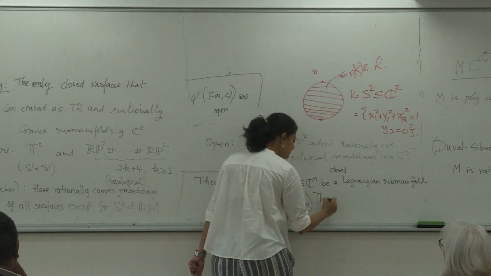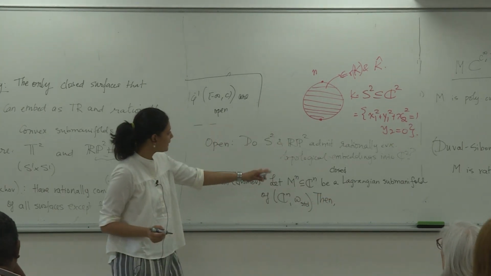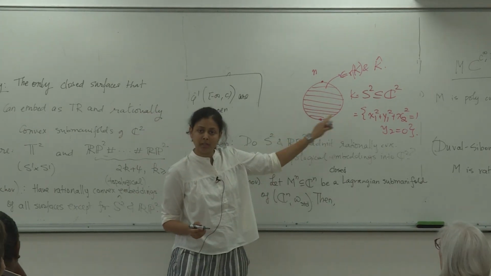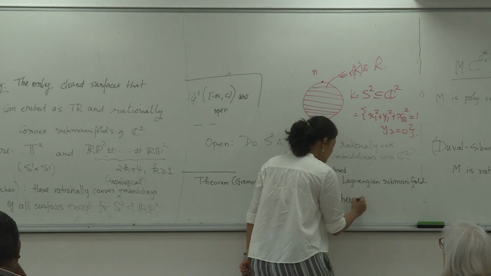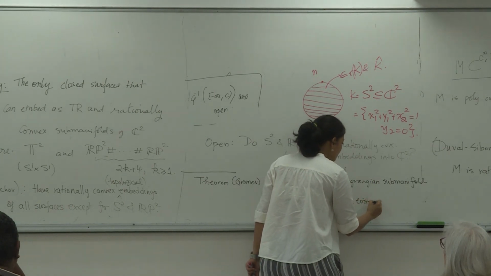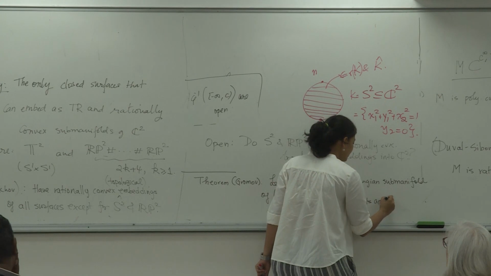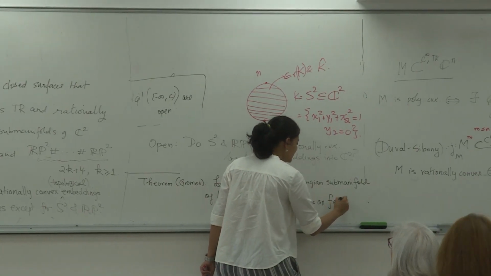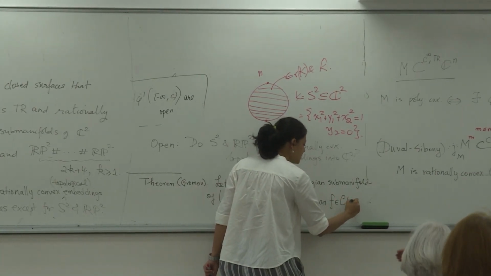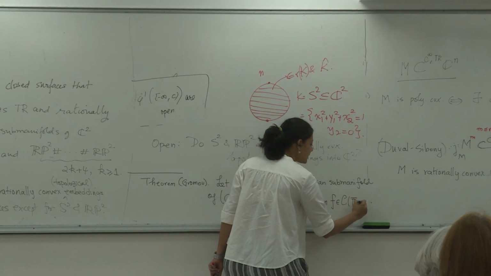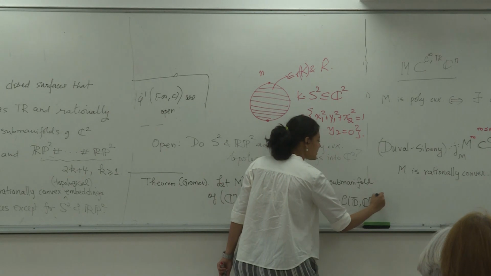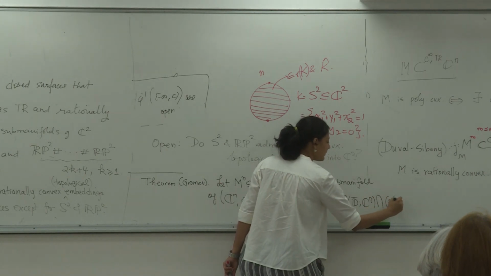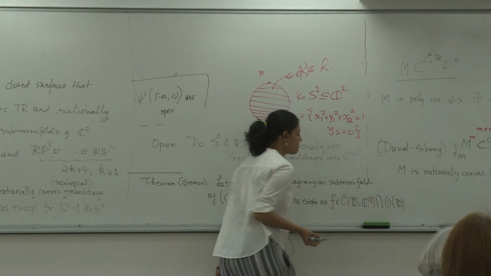Then he showed that there is such a disk attached to that manifold, and I'll write what that means. Then there exists an F which is continuous, and it goes from the closed unit disk into Cn. It is holomorphic in the interior of the disk.